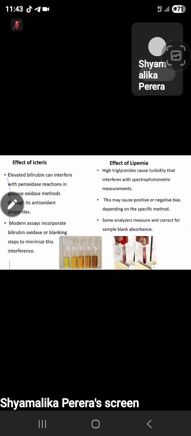It is caused by high triglyceride levels in your samples, and once you are going to measure the color production, because of these high triglyceride levels, it will form turbidity. So definitely you can use sample blanking to remove this lipemic effect from the samples.